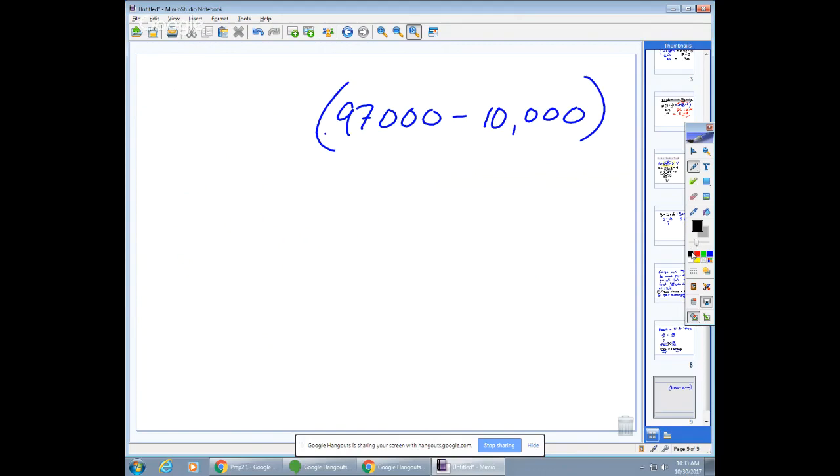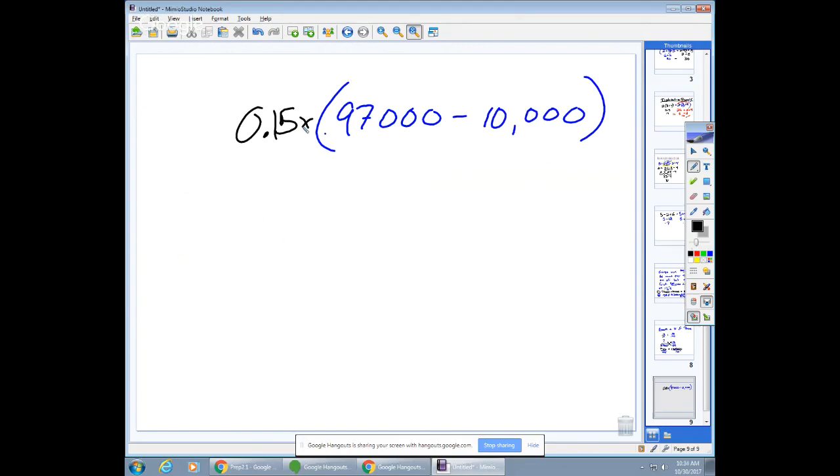Okay, so I'm going to write it down that way. I have to take that subtraction, but it's got to be in parentheses because it says that part doesn't count. Doesn't count means I got to take it away, and then I'm going to have my 15% out here.